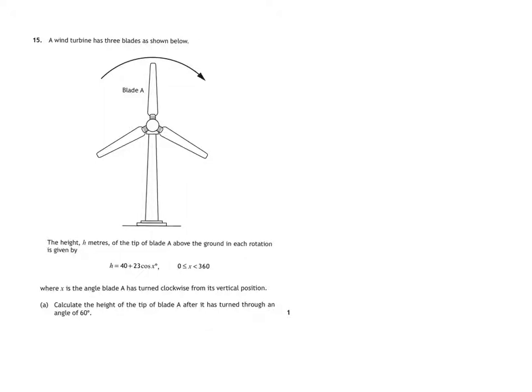Calculate the height of the tip of blade A after it has turned through an angle of 60 degrees. That is part A. So, switch it off, go and have a think and see what you can do.